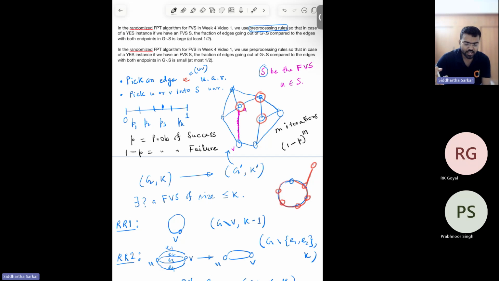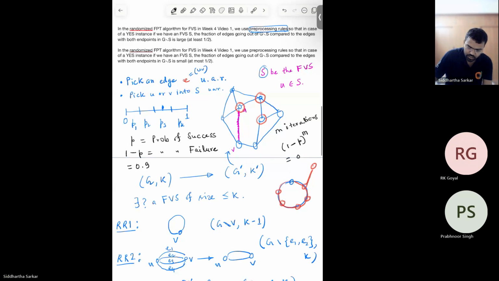Now think of p as a concrete number. Let us say p is 10%. So 10% is the probability of success, then the probability of failure is 90%. So 1 minus p is 0.9. Now what happens to 0.9 to the power 100? Suppose you run it 100 times. 0.9 to the power 100 is a minuscule number. So your probability of failure has become tiny, very tiny.